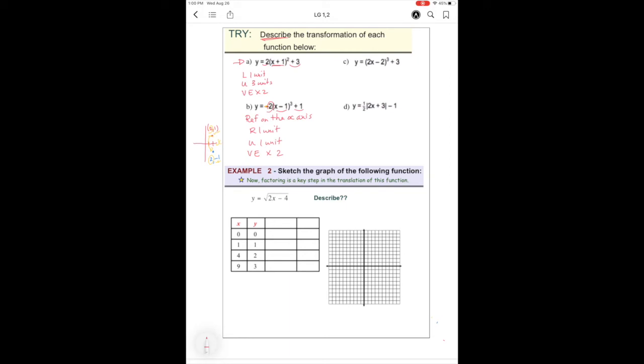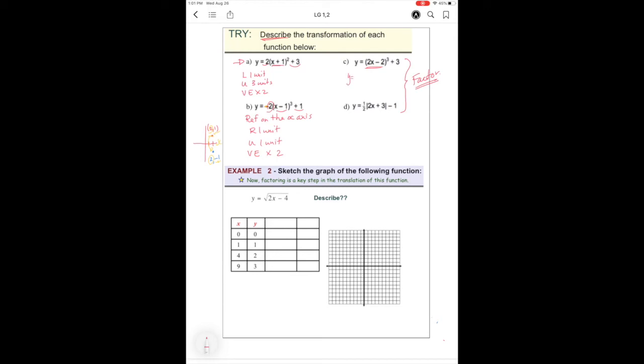Okay, so over here, people don't see the idea of factoring. So these two here, you've got some factoring. So I'm going to show you how to factor this first before you describe.